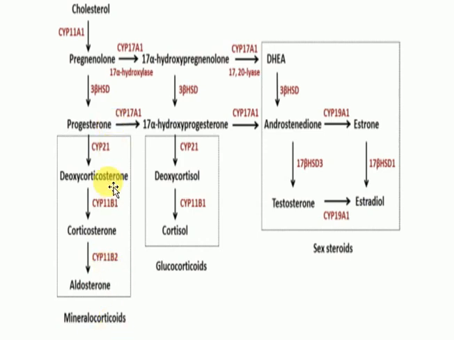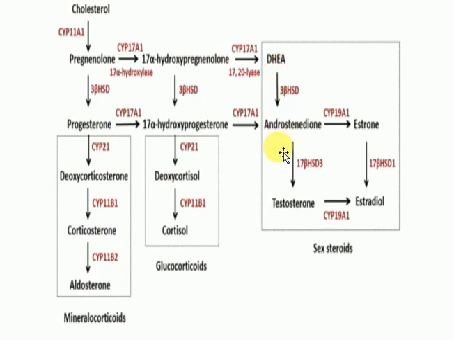If the steroid has been previously hydroxylated at C17, leading to the production of 17-alpha hydroxypregnenolone, then finally it leads to DHEA, which is dehydroepiandrosterone.